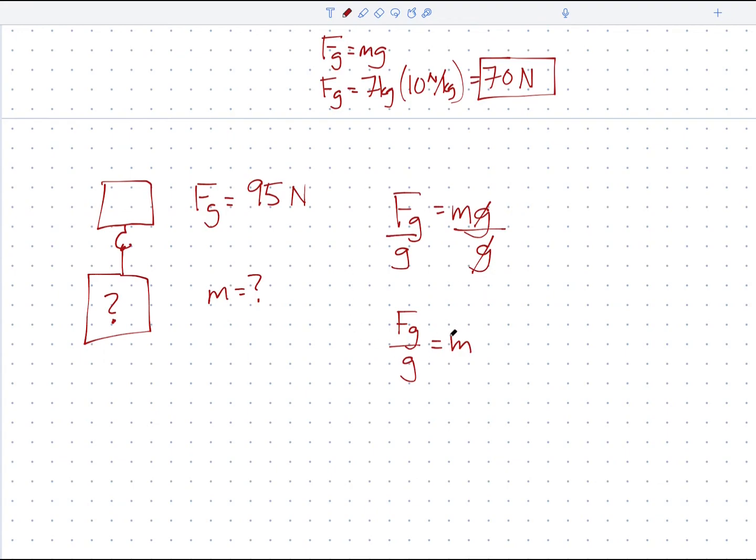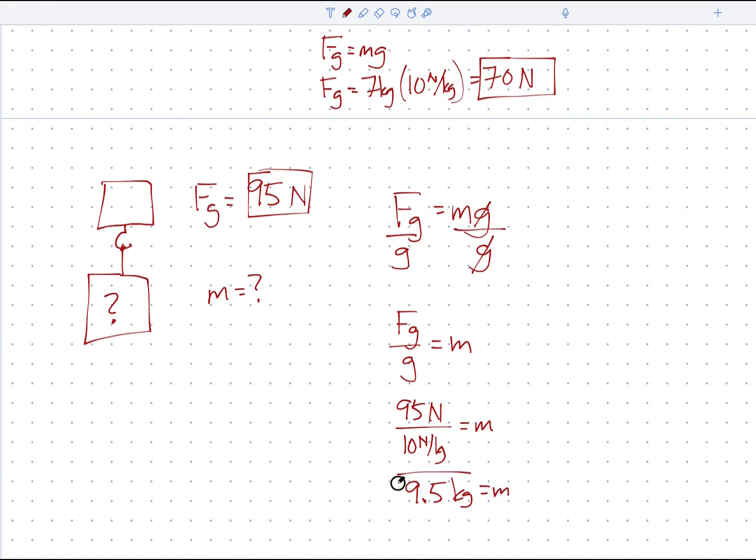All right, so now we have that, and we know what the force of gravity is. We know what little g is because that is always 10 newtons per kilogram. So I can just do 95 newtons divided by 10 newtons for every kilogram, and I get a mass that is equal to 9.5 kilograms.